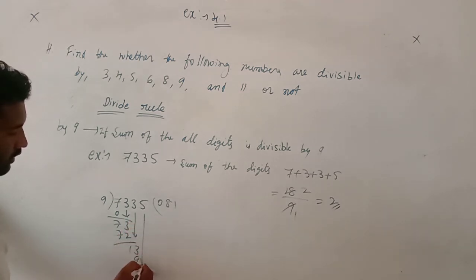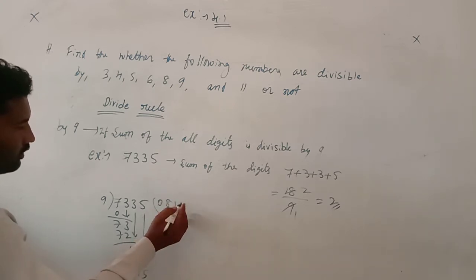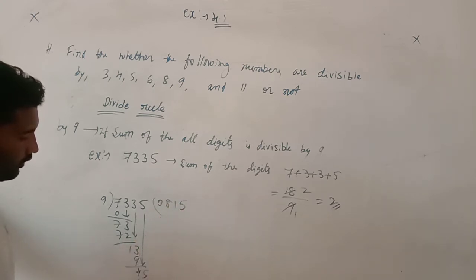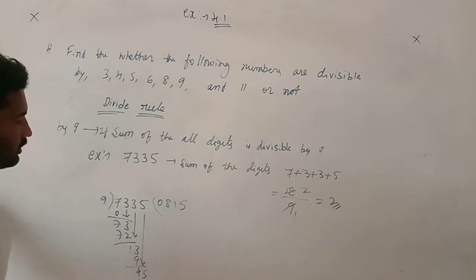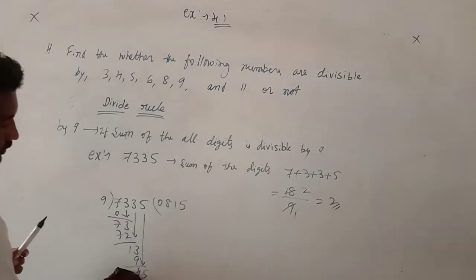Last digit 5. 9 fives are 45. Okay. So it is dividing. So for divisibility by 9, we have to add all the digits. Then check whether the number is in the 9 table or not. Then the number is divisible by 9.